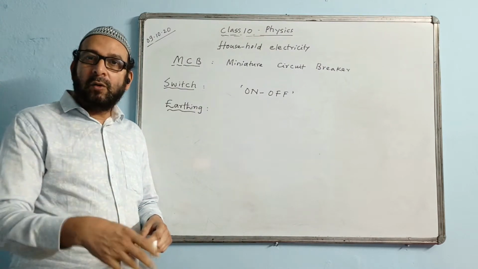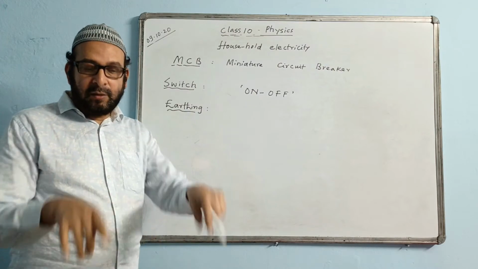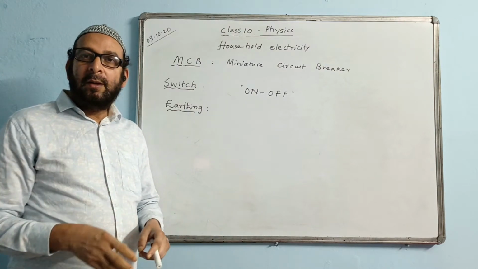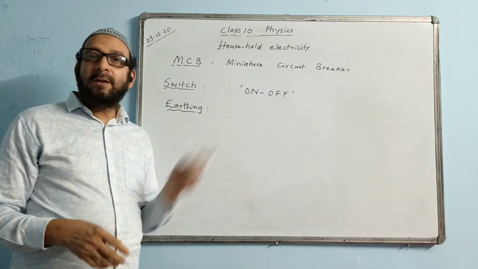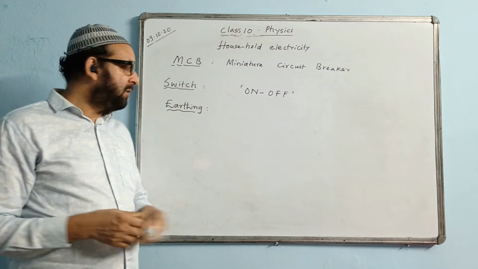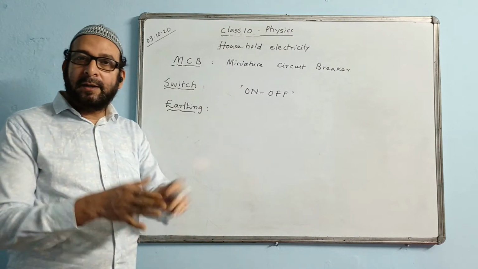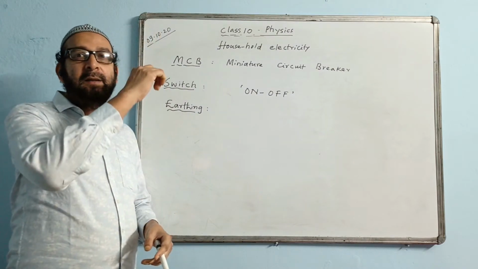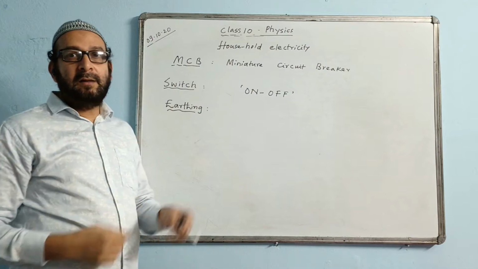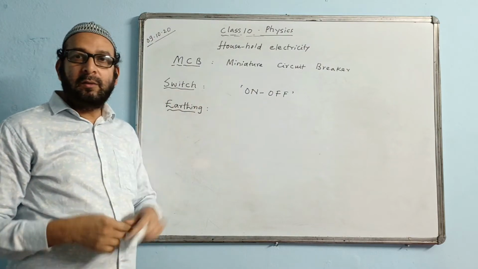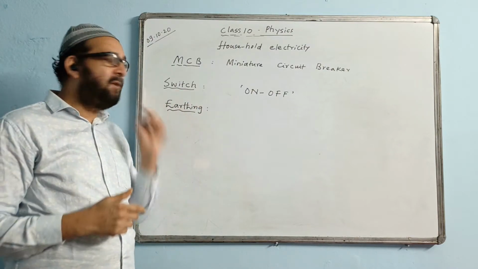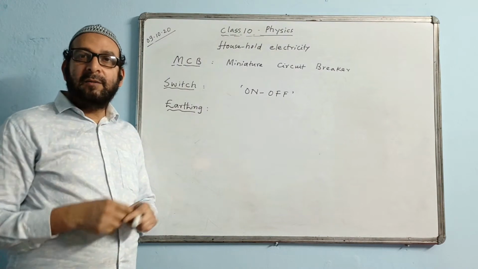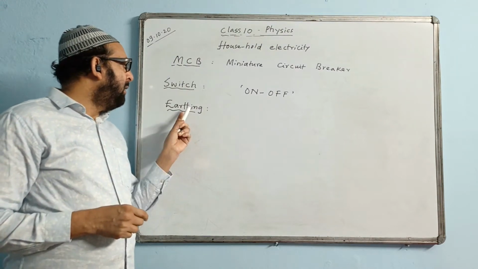You have to sprinkle salt also in that area, after placing the copper plate, because salt is a good conductor of electricity. So we prepare a very good conducting layer, and from there the copper wire will be taken and run inside across the room or across the house. Basically, everywhere we connect the earthing wire.